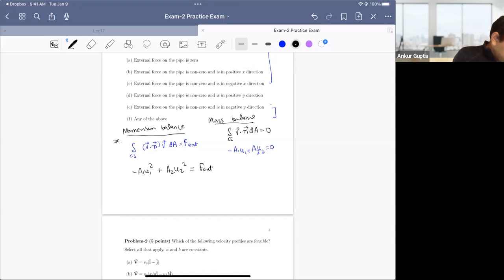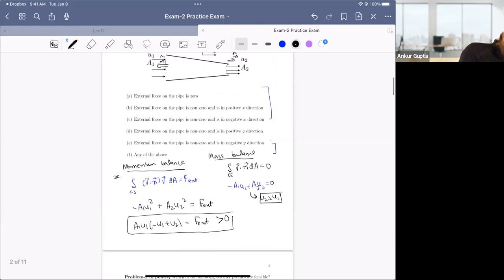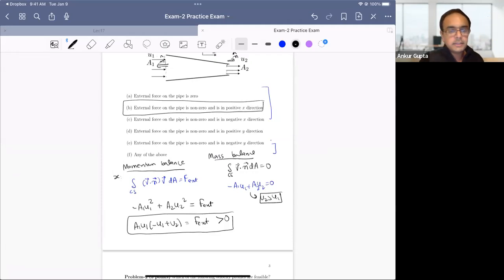So I can say A1 U1 times (U2 minus U1) is equal to F external. And then I know U2 is greater than U1 because it's a converging pipe. So this is greater than 0. The F external is non-zero and is in positive x direction. It's a pretty straightforward analysis.